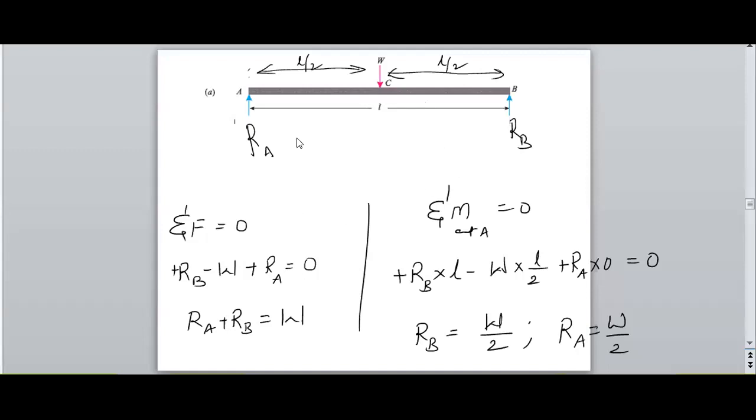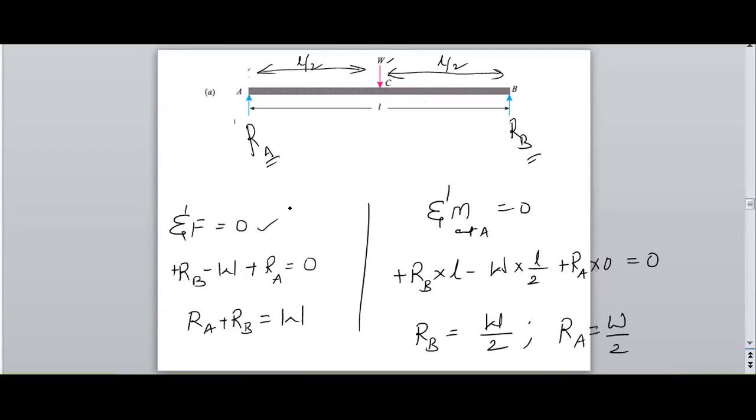Whatever the upward forces are, they need to be balanced by the downward forces. Here the upward forces are RA and RB, and the downward force is W. So the net force must be equal to 0. That is the equilibrium condition.